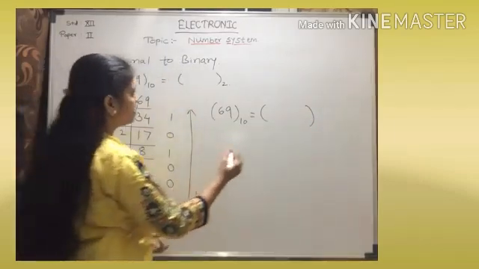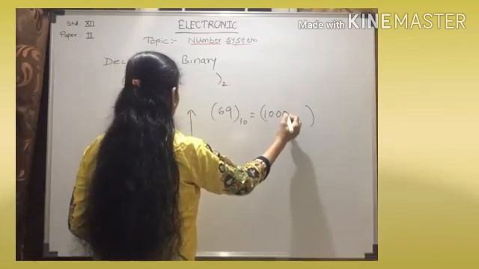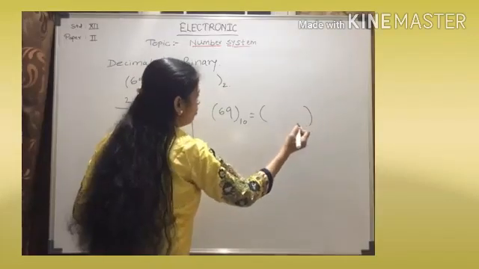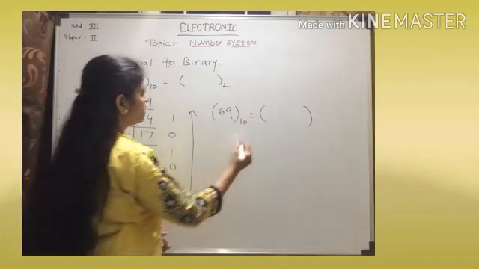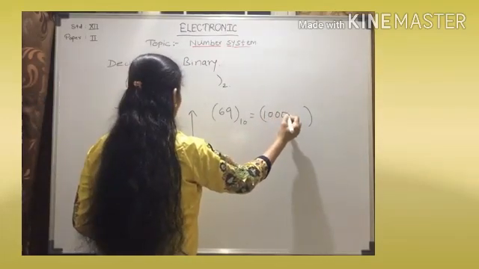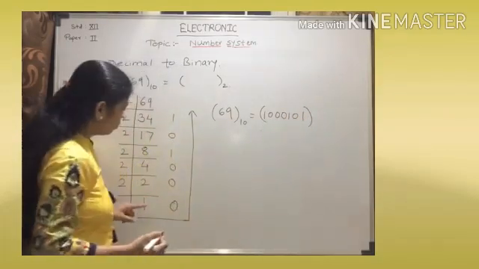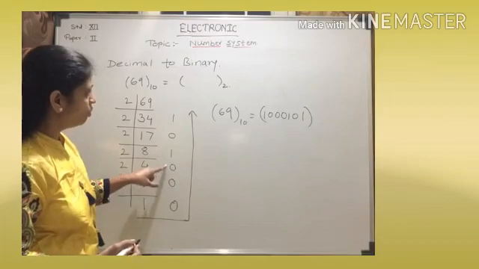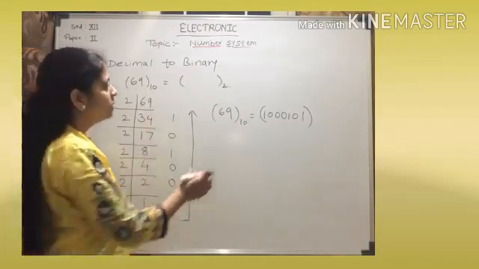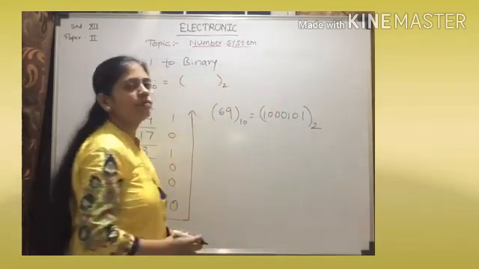So we got the answer 1 0 0 0 1 0 1. In this way we convert this decimal number into binary.